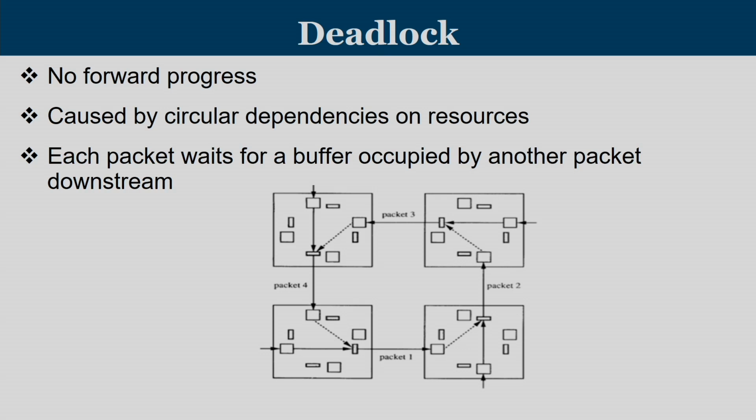Consider the case that this is the set of 4 routers and these are all buffers in which packets are residing. These are all buffers, whatever you see here. Now, a packet that is sitting in this buffer is trying to travel to the west neighbor.